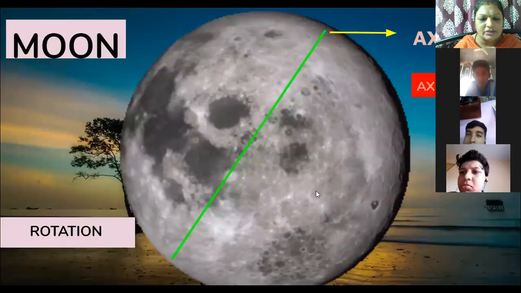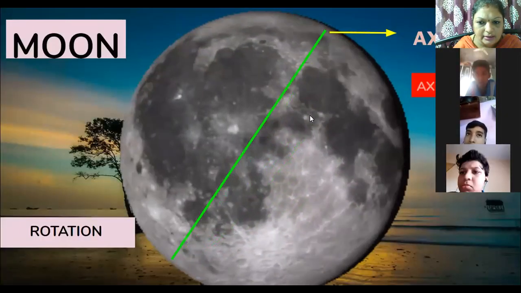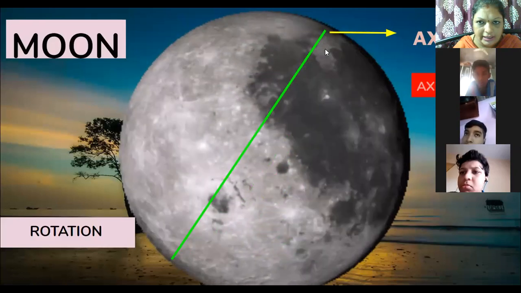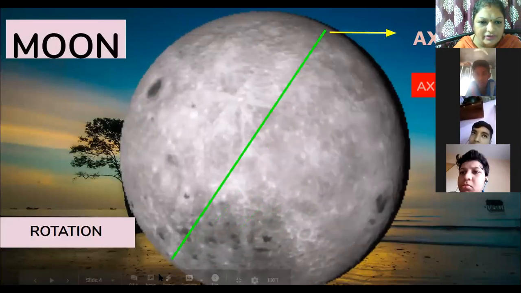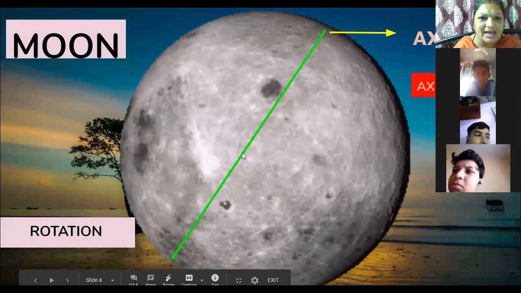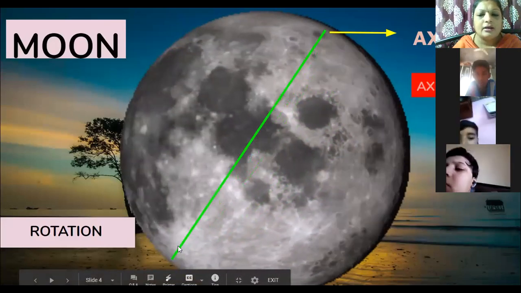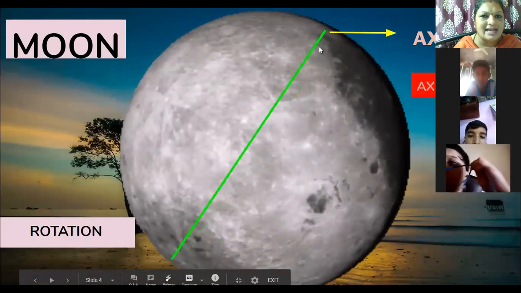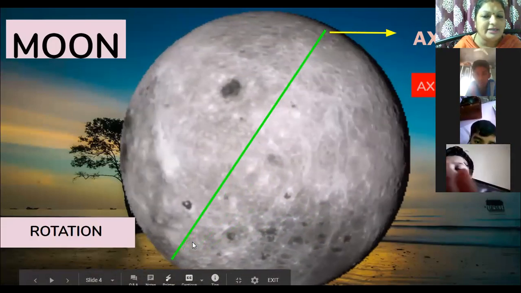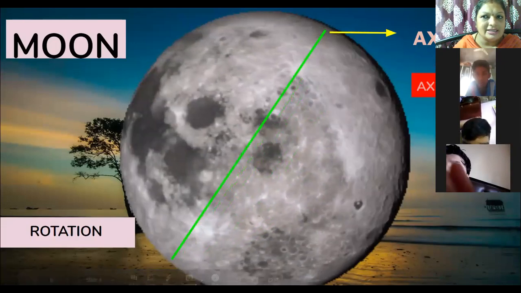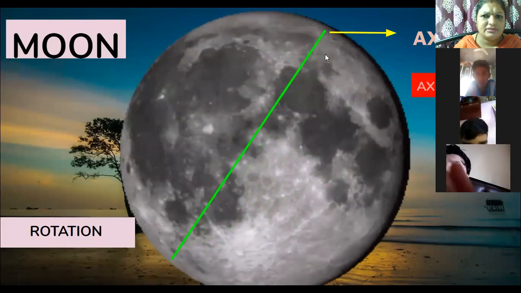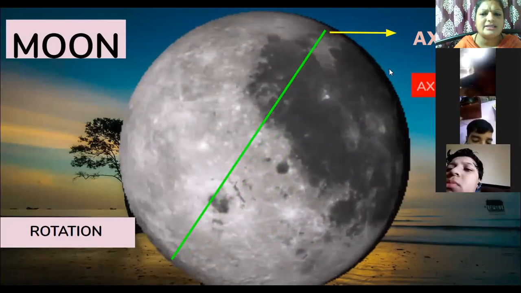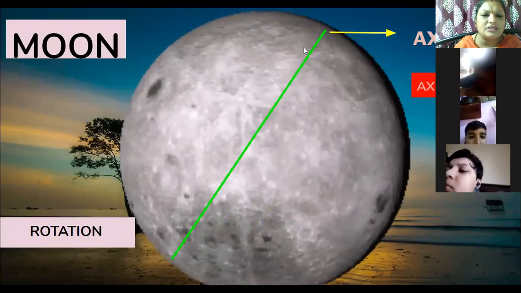Now see in this picture, you can see the moon. It has the imaginary line, or we can say the axis, which is inclined. Boys, Earth's axis is inclined. Similarly, the moon's axis is also inclined, tilted. The moon moves around the axis, the imaginary line.